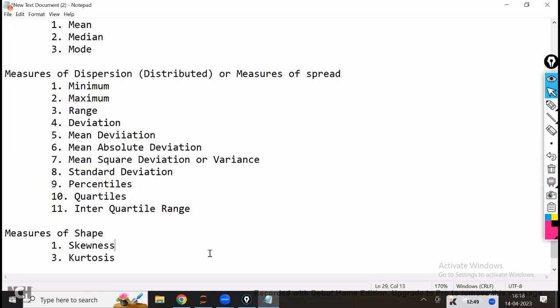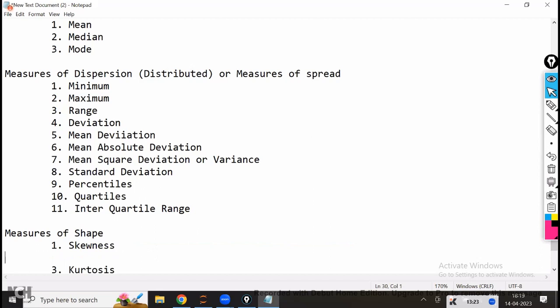Within skewness, we are having one left skewed, one right skewed, and no skewness, which is the normal distribution, also called symmetrical distribution. Either symmetrical or unsymmetrical.